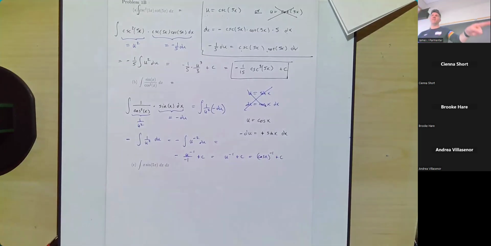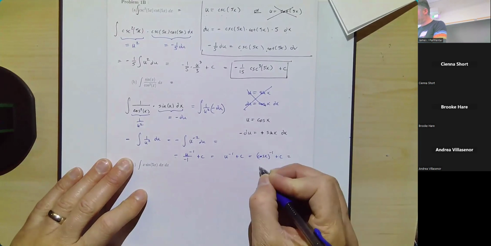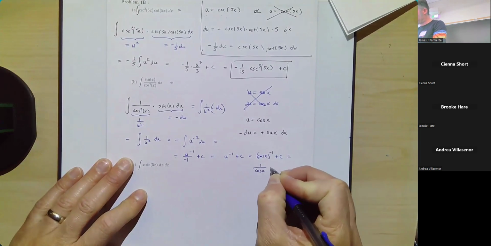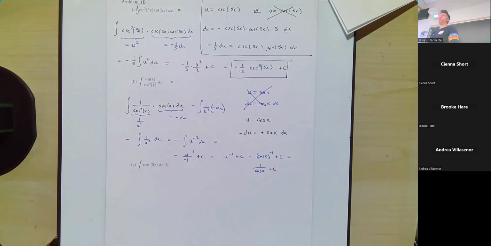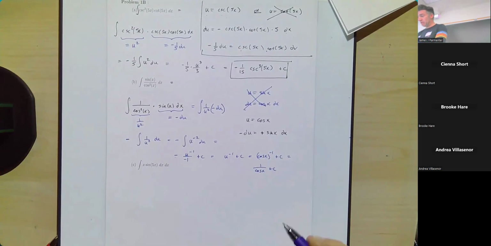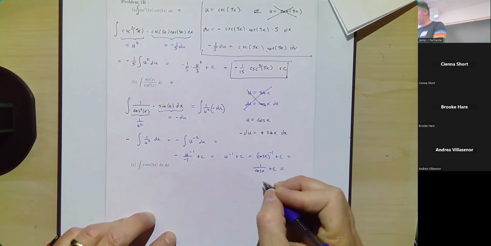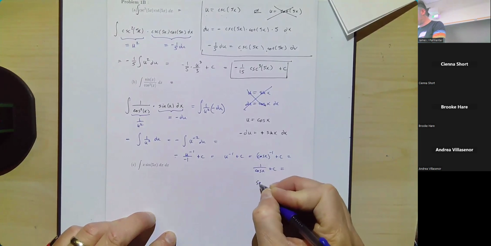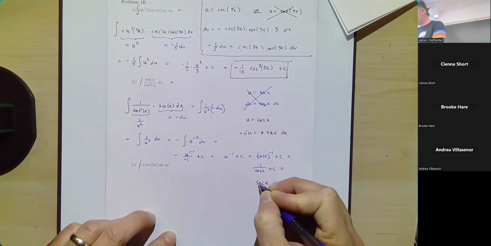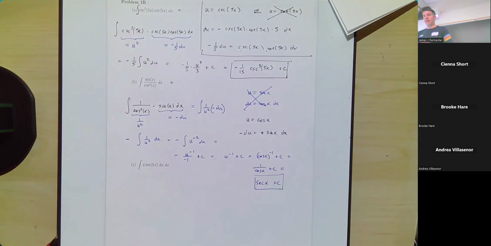But he said we didn't like negative powers. He did say we can't leave negative powers. So I definitely need to rewrite this as 1 over cosine plus c, or preferably secant of x plus c. I imagine that's how he would prefer you write your answer here.